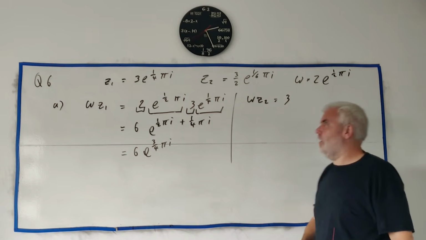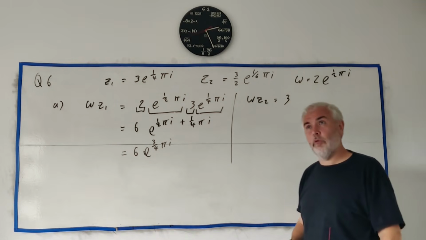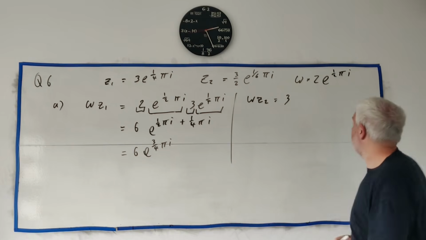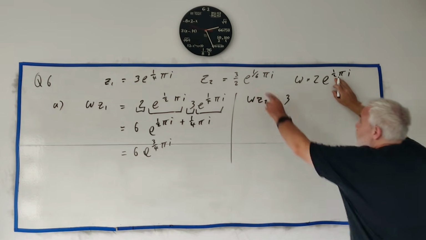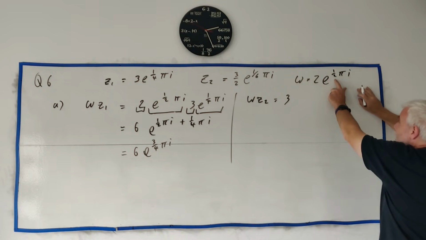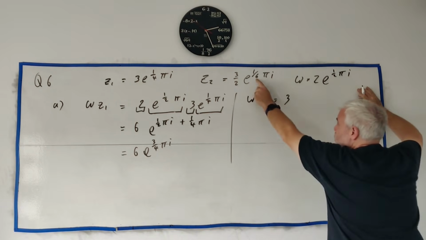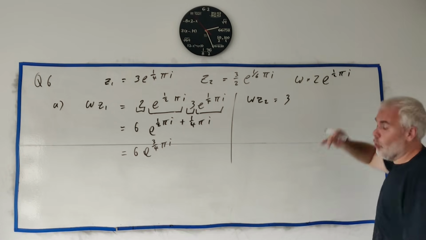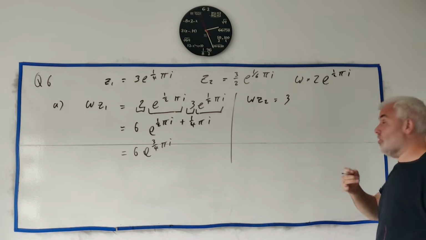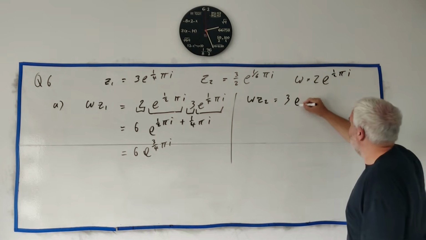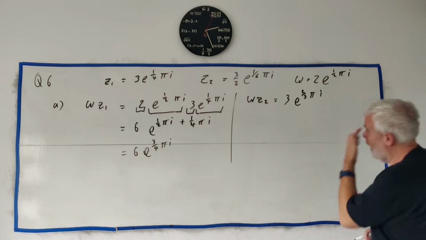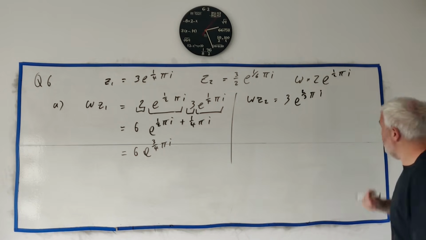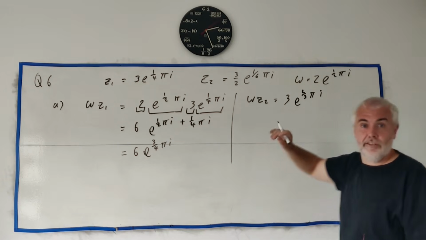I think they're the frequency. It's a half plus a sixth, or another way to say that is 3/6 plus 1/6 is 4/6, which is 2/3. So it's e^(2/3 pi i). That's the answer to part A.